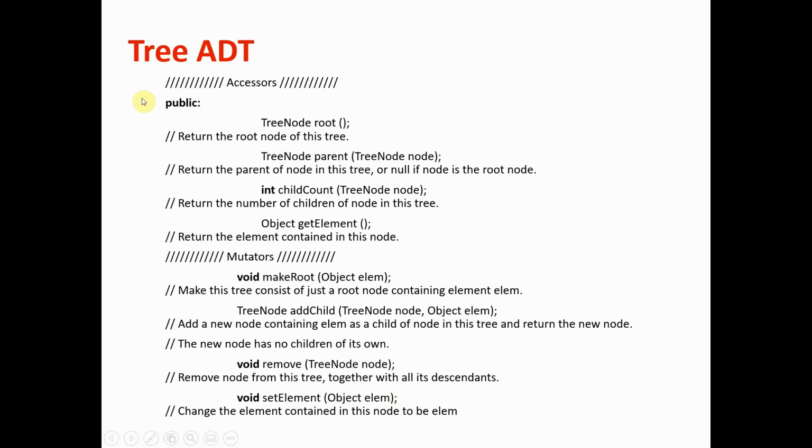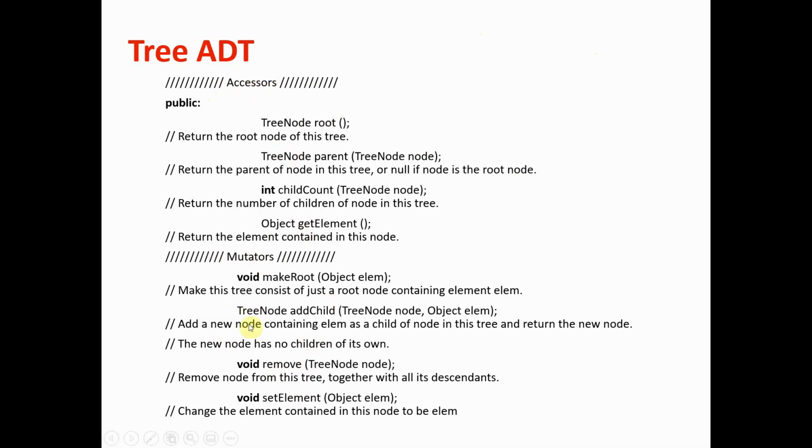Some of the member functions that we can implement if we have a tree class: these are getters or accessors, and setters or mutators. These are some of them, not all of them. You can have a constructor, destructor, copy constructor, assignment operator, all the different things that we have seen for classes.